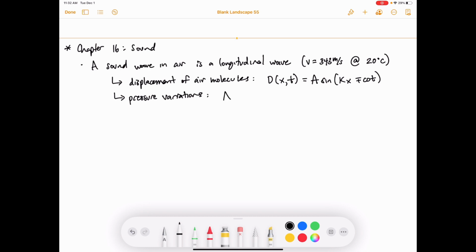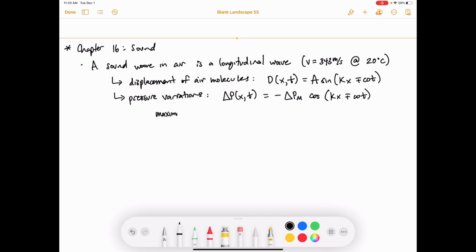So these pressure variations are what we call delta P. Those are also a function of x and t. And what we derived in class is that this can be expressed as minus delta Pm times cosine(kx minus or plus omega t). So notice the pressure and the displacement are out of phase with each other. One's given by a sine, the other is given by a cosine.